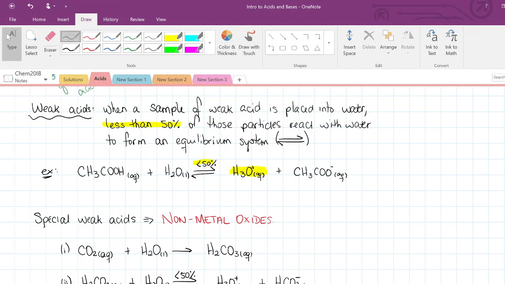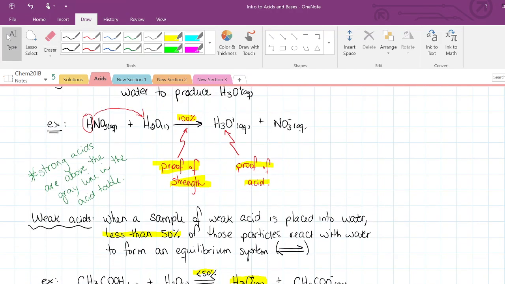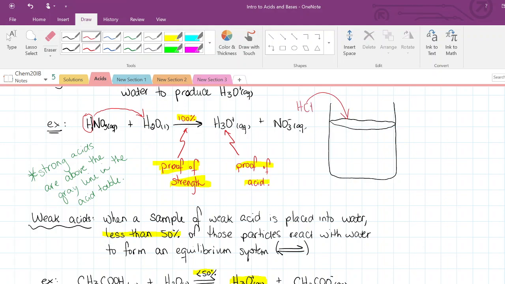So let me show you, I want to just draw one thing so that you can visualize this. If we put this into our beaker, here's our water, and we're going to bubble in our HCl.